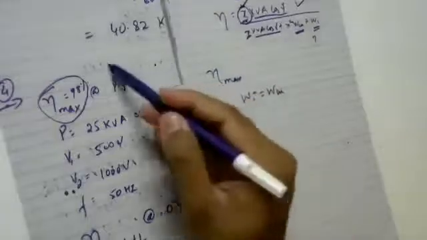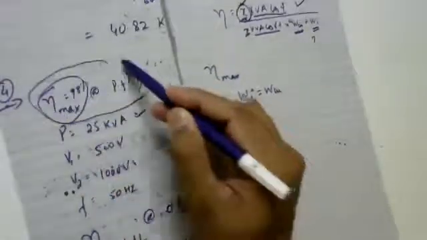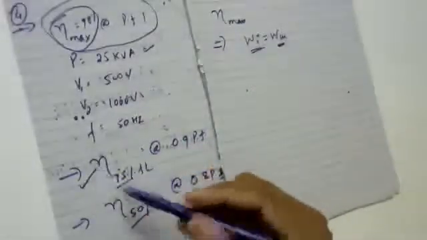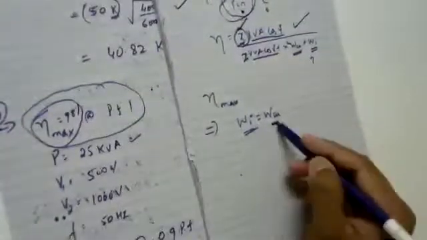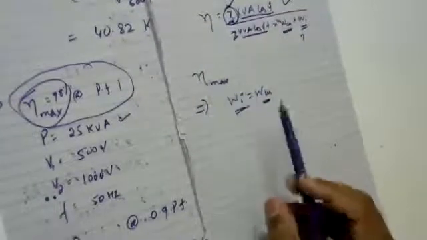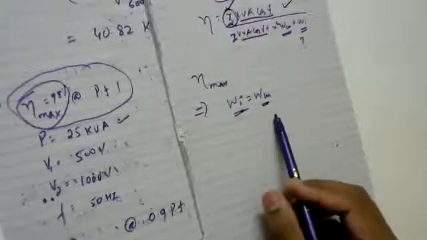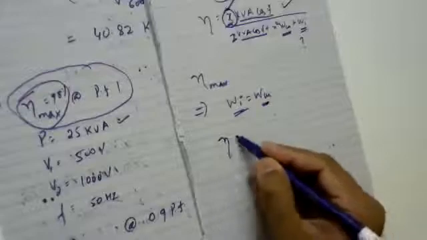Okay, so with this given data, first we will compute our iron loss and copper loss. Then we'll compute what the efficiency is at 75% of the load and at 50% of the load. So first we have to compute WI and WCU. When efficiency is maximum, iron loss will be equal to the copper loss. So the same equation I'm going to use.